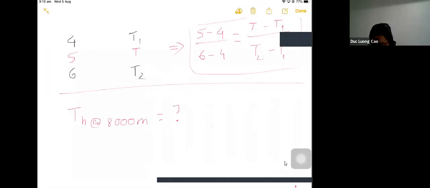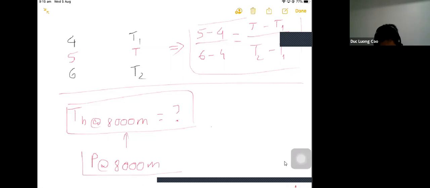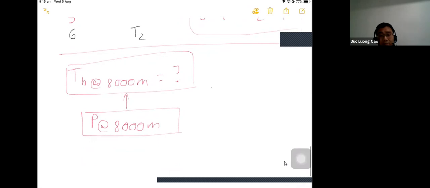So to find the boiling temperature, we have to know pressure at 8,000 meter. If we know pressure, we use the table to find temperature. And pressure at 8,000 meter is from the previous question.